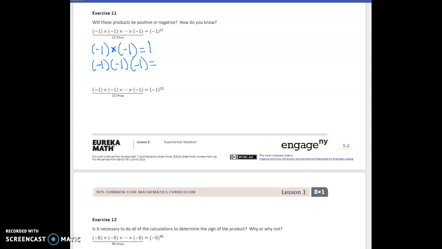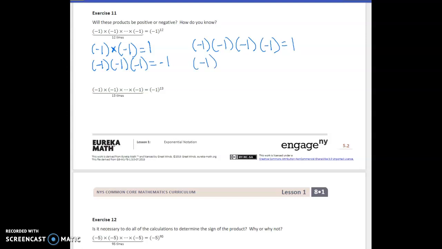A negative times a negative is a positive, times another negative is going to be a negative. Or, if I do it 4 times, a negative times a negative is a positive, times a negative would be a negative, times another negative would be a positive.